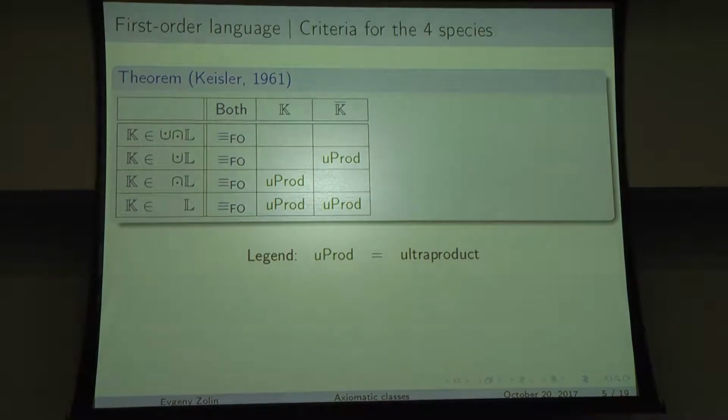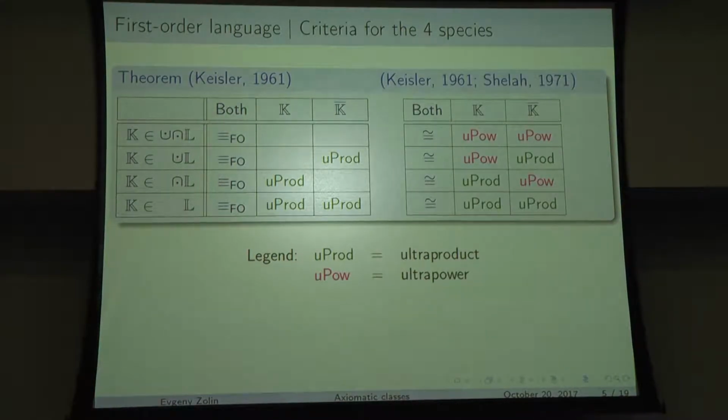And if we want to get rid of this linguistic relation, which involves the language of first-order logic, and replace it by some more structural relation, say isomorphism, then we obtain a second table due to Keisler and later to Shelah. Keisler's proof first used the generalized continuum hypothesis. Shelah succeeded to avoid it. So again, we see the symmetric table, all four possible combinations of ultraproduct and ultrapower.